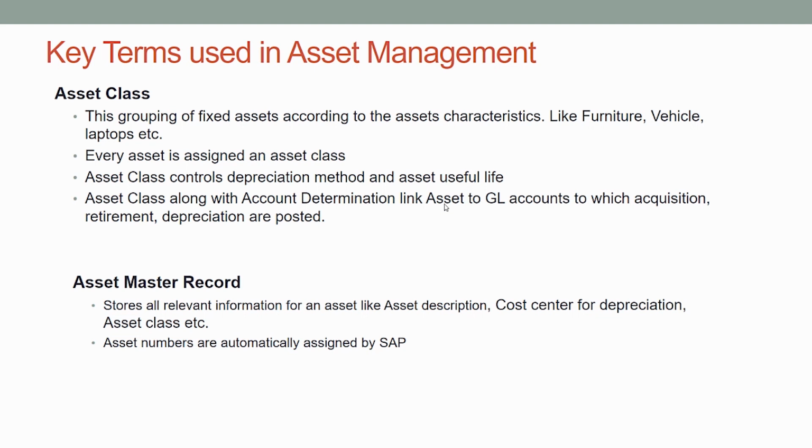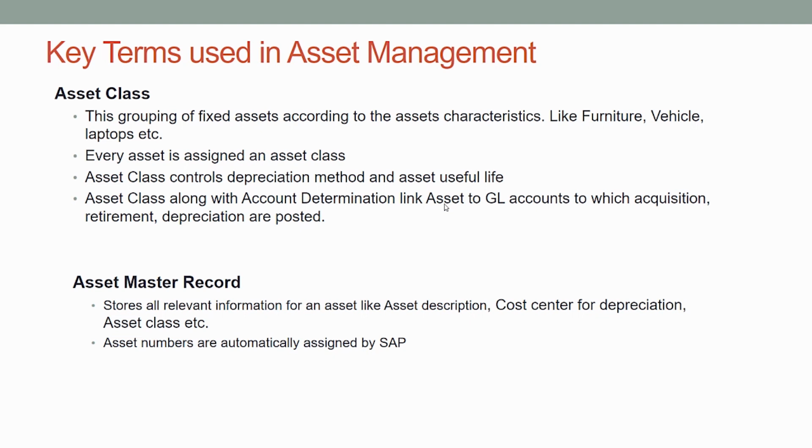So the asset class also determines, when an acquisition is made, to which GL account the entry will go. We will look at all these aspects later in this section, also in SAP.